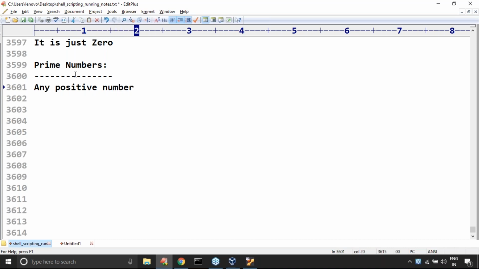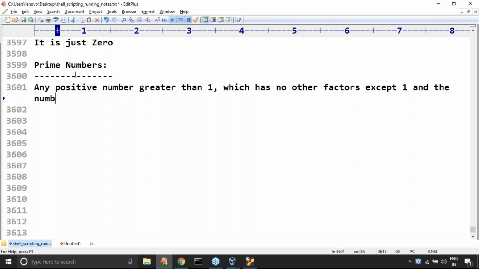Any positive number greater than 1 which has no other factors except one and the number itself is called a prime number. Remember this one.